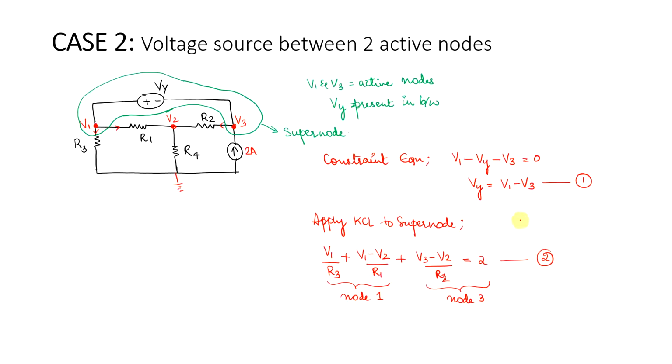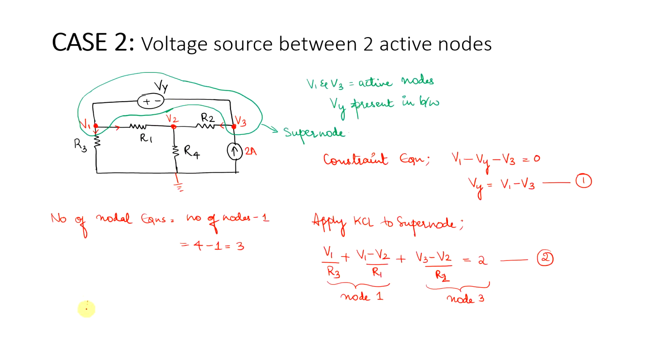Now we have seen that the total number of nodal equations will be equal to the number of nodes minus 1. The total number of nodes here, including both reference and active nodes, is 4, minus 1, which is equal to 3. So far we have obtained just 2 linear equations. The third linear equation will correspond to applying KCL to the node 2, because that is the only one remaining.